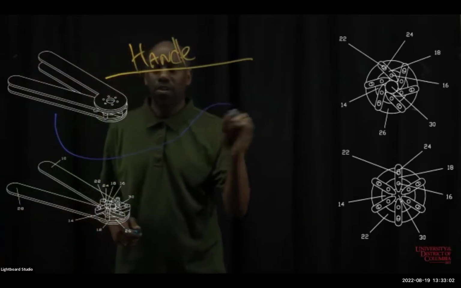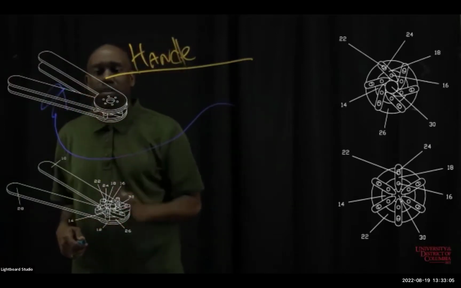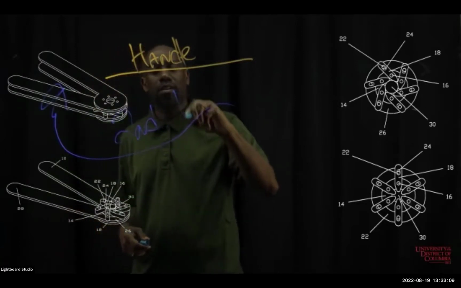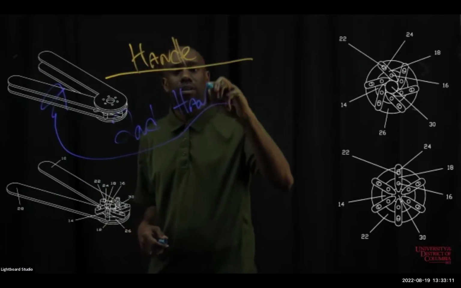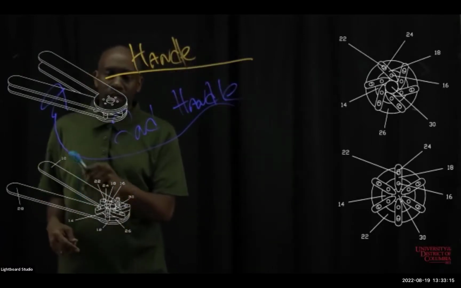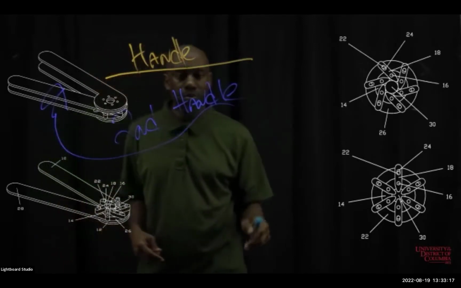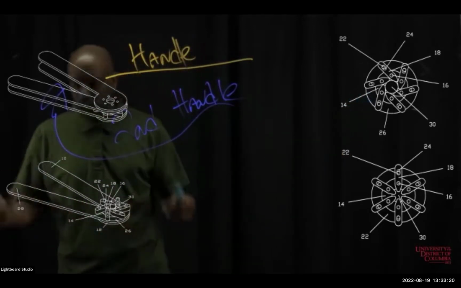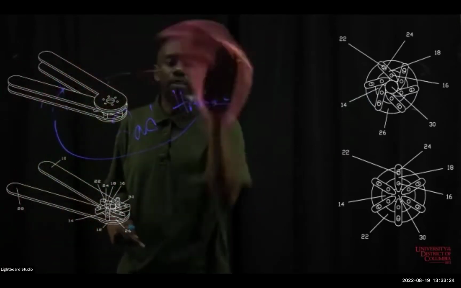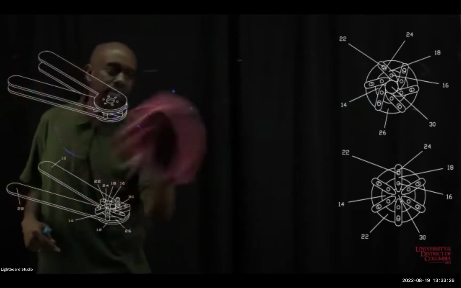Use this color. I could say second handle. Right? And I can talk about how the numbers correspond to the numbers on this side, and so forth. So it's great for these types of diagrams and schematics.